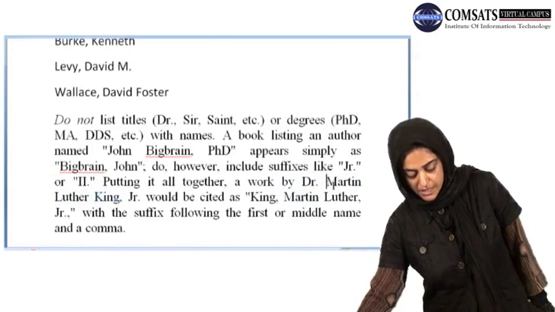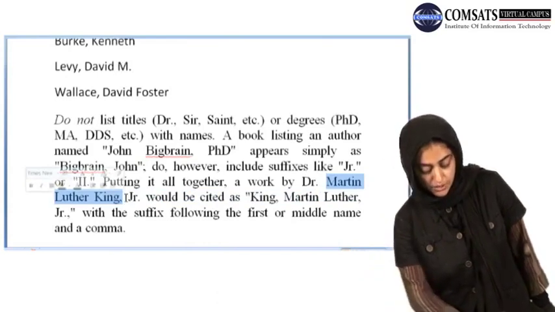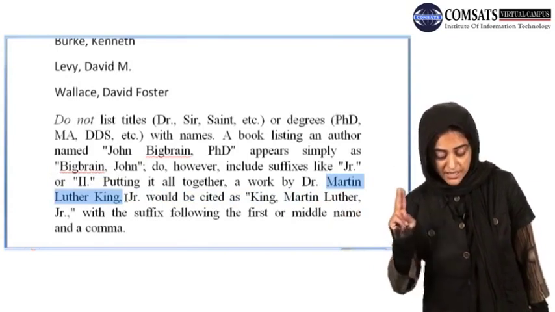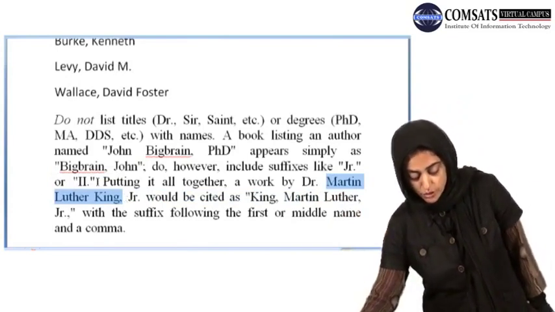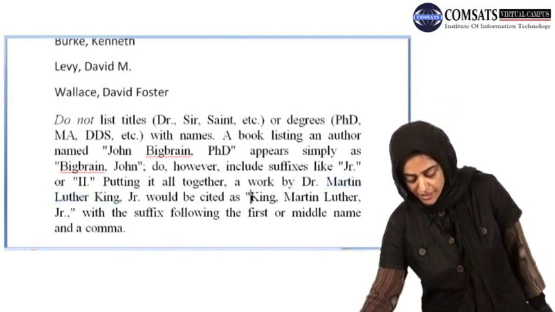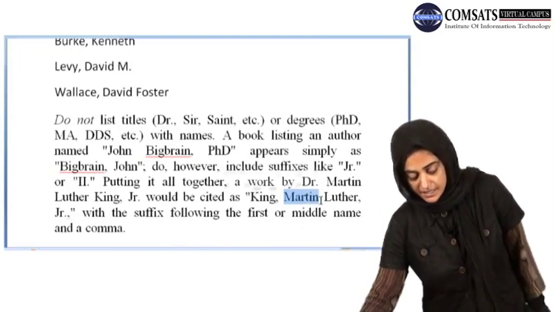Kindly have a look, dear students. Martin Luther King. The first name is Martin, the second word of the name is Luther, and the last word is King. The last word would come first, that is King. Then afterward you will not have the middle word Luther next; you will find Martin, the first word, and after it the middle word Luther.